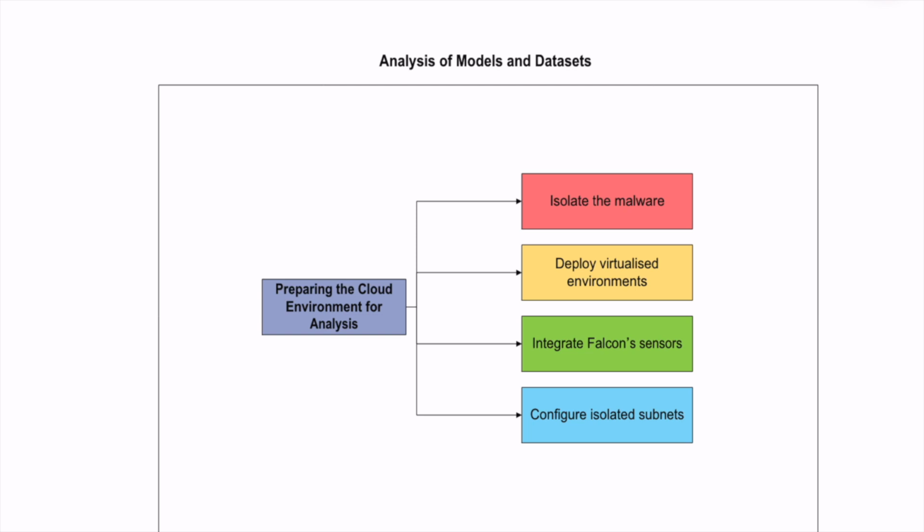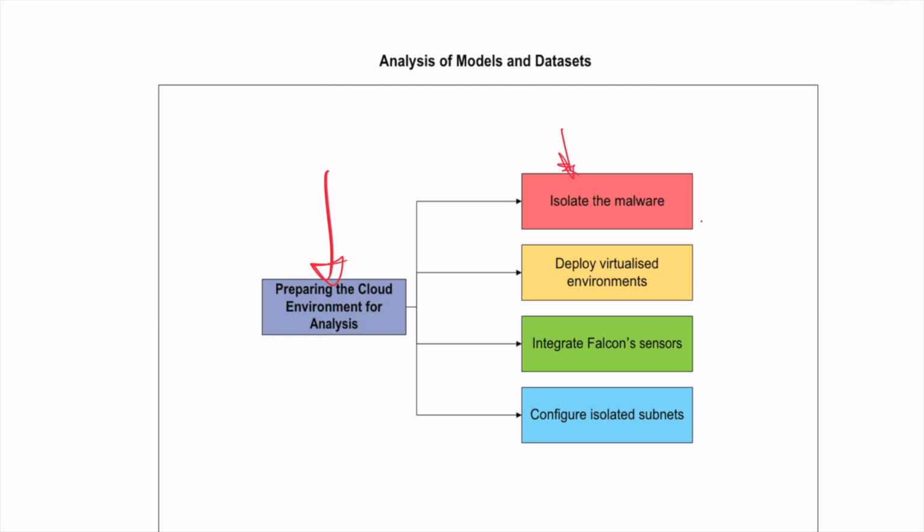When you're performing the behavior analysis with Falcon X, first you need to prepare the environment, and that includes isolating the malware in a controlled environment to observe and to record its behavior.